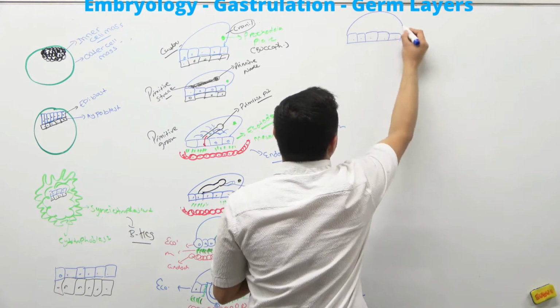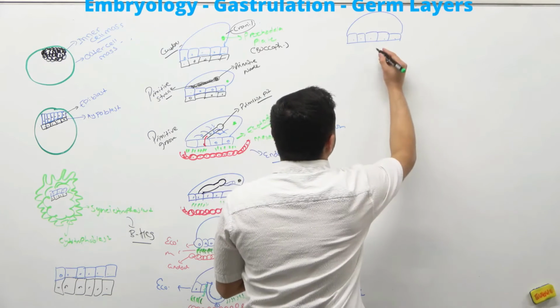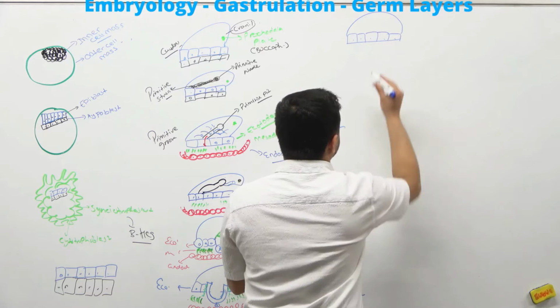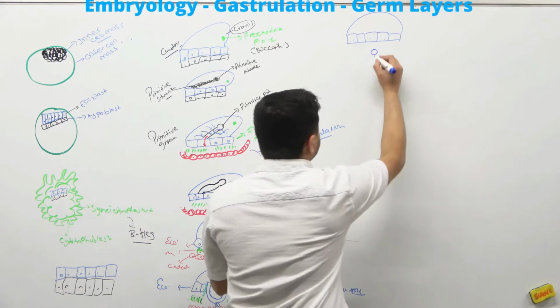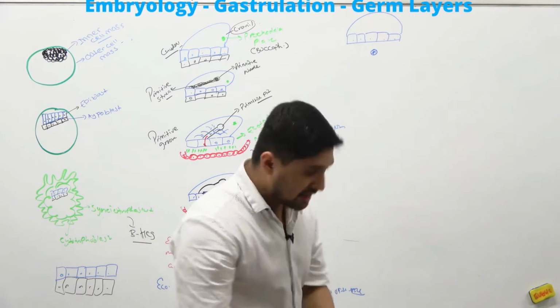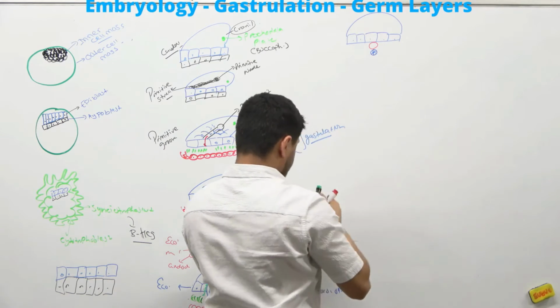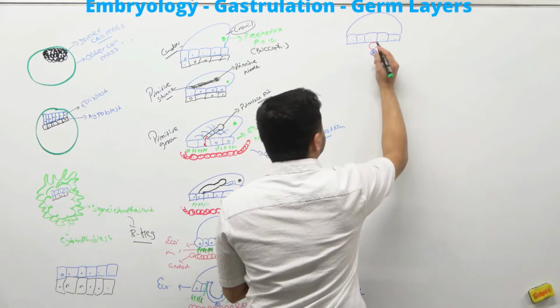All right, look, you have this structure right here, and then, let me make it in green, this structure right here. And then you have a big structure like this.